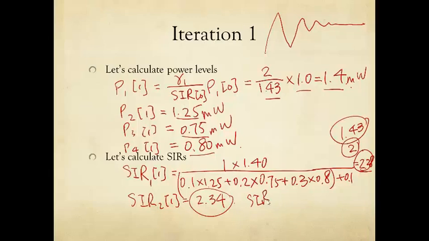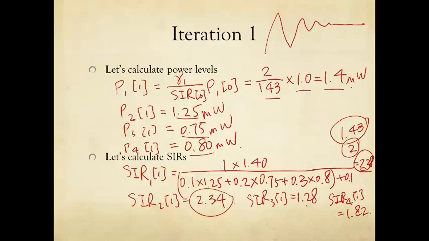The SIR3 at this iteration is 1.28, SIR4 at this iteration equals 1.82. And both of these are not quite their target SIR.